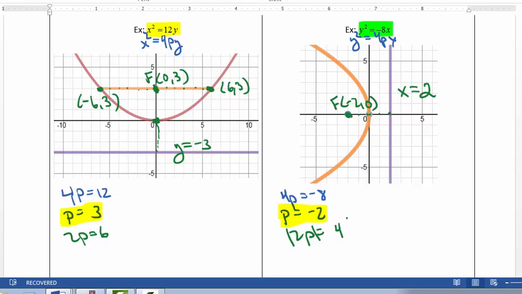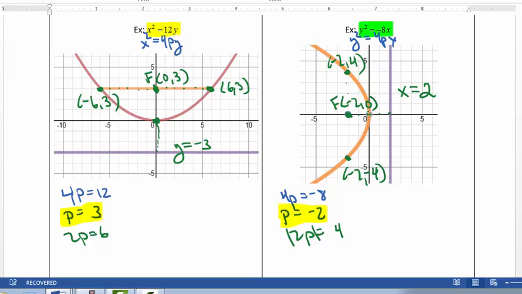And then similarly, as to the last one, I can use my latus rectum to get 2 extra points, right? So I knew that p was -2, so the absolute value of 2p is going to be 4, which means that to get to the endpoints of the latus rectum, I would just go 1, 2, 3, 4 up, and I get to the point -2, 4, and I go 1, 2, 3, 4 down, and I get to the point -2, -4.